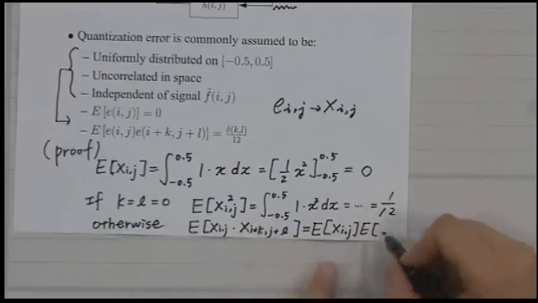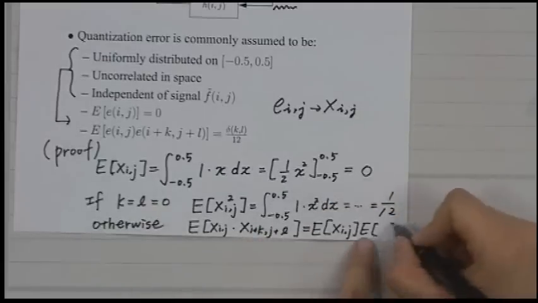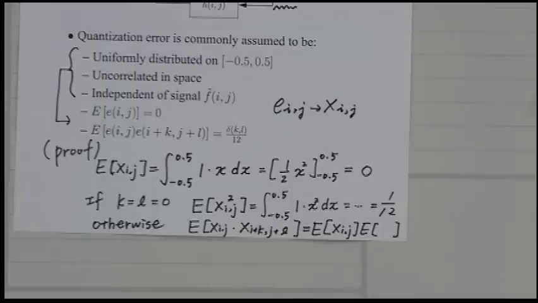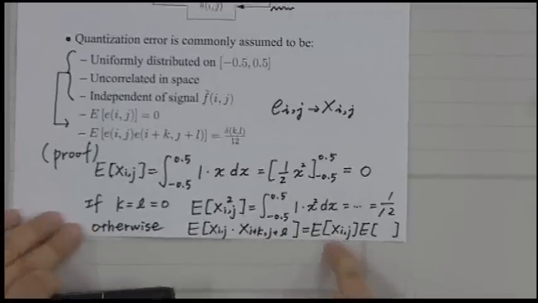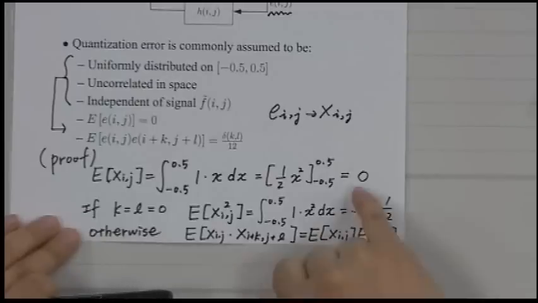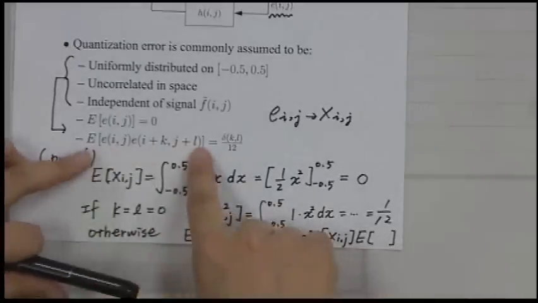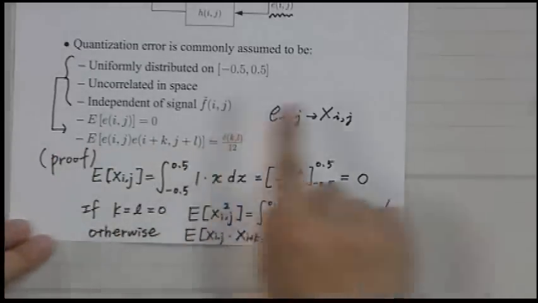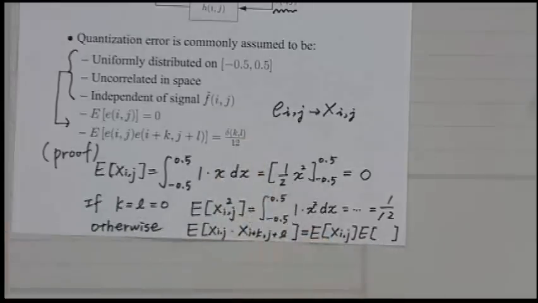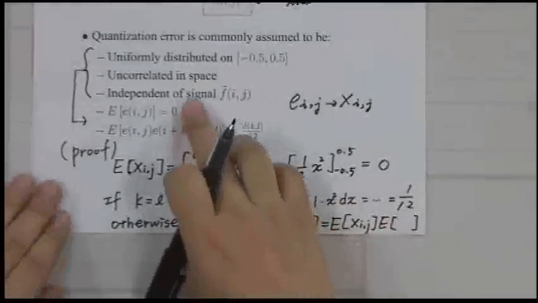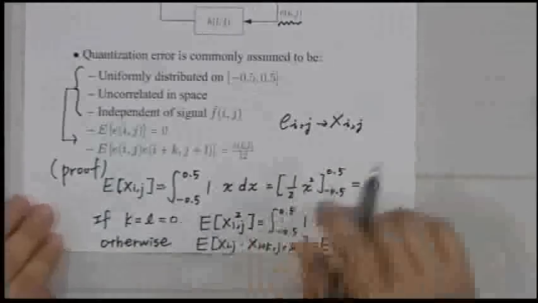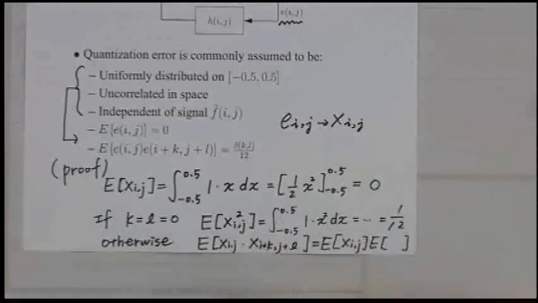Sorry, I don't have space, but this fills here. And we already know the mean equals 0, so this equals 0. So the overall expression becomes a delta function. So here is a proof, and this error is called white noise.